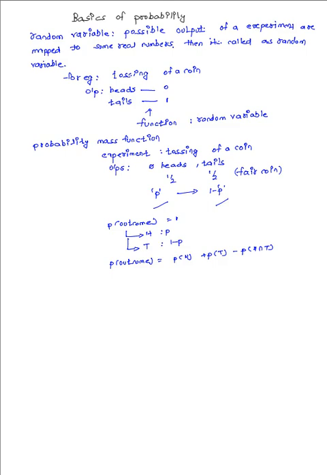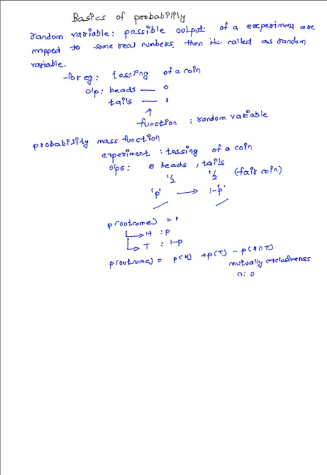But we have discussed yesterday something called mutually exclusive events. Whenever the property of mutual exclusiveness applies, the intersection will be 0.